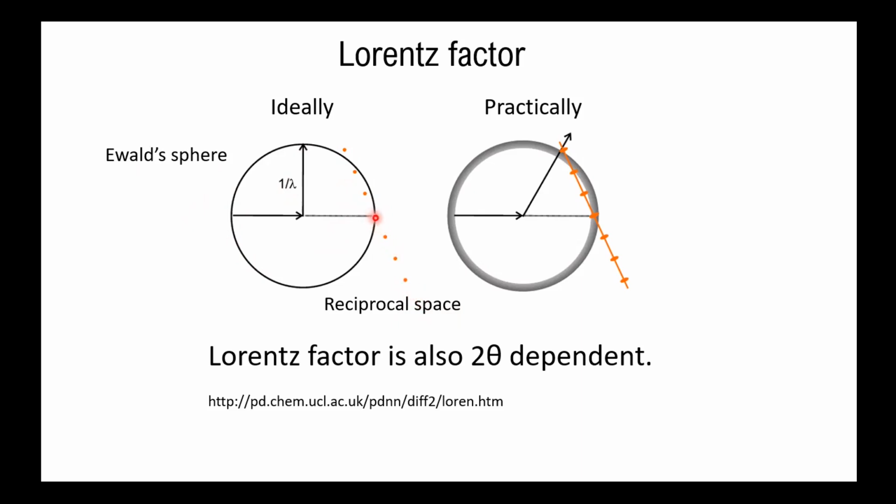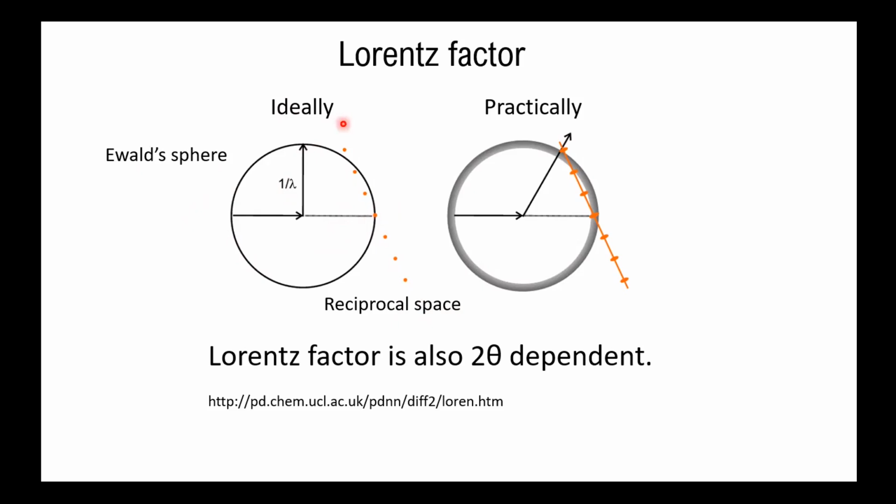So we see the points here, right? And then this will give rise to a diffraction. We know each point in the reciprocal space corresponds to HKL planes in real space. So that means this HKL will give rise to diffraction.